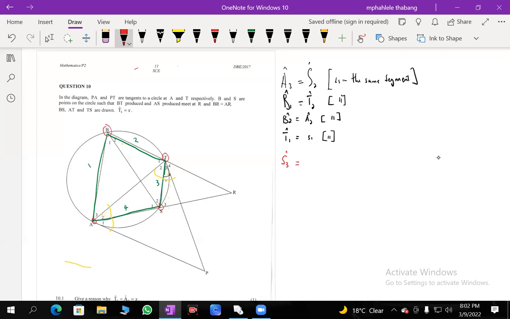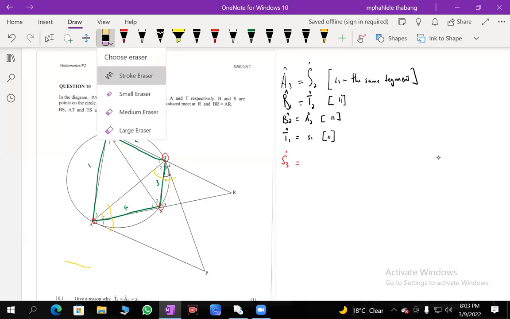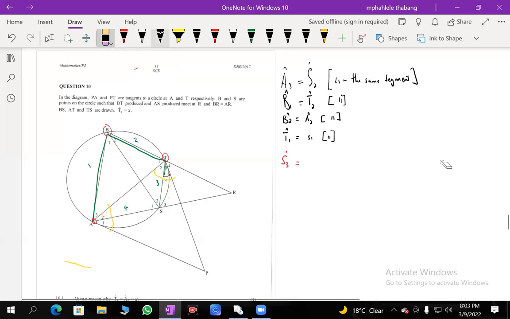So we see that ABTS is a cyclic quad. So we will apply the theorem that says the exterior angle of a cyclic quad is equal to the opposite interior angle. Here the exterior angle is S3.